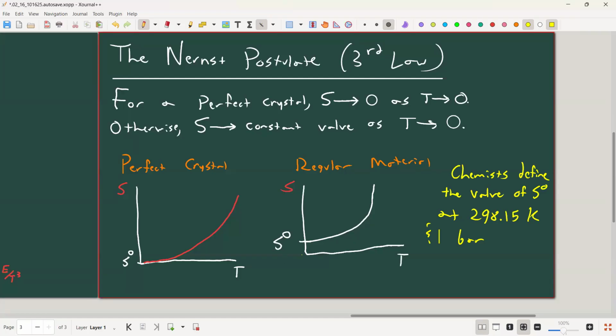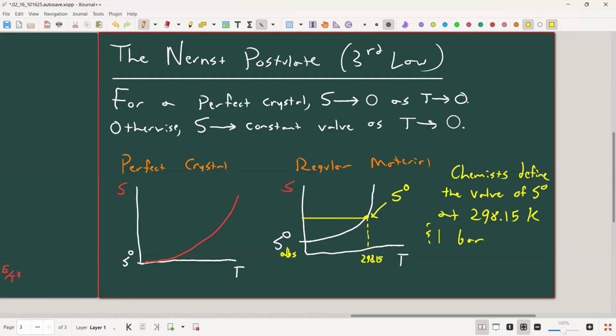The absolute reference of entropy is at 0 Kelvin, but we choose in lab or in chemistry to pick the value right here at 298.15. That's our relative reference. So we always report our entropies at that point, but they're all referenced relative to this.